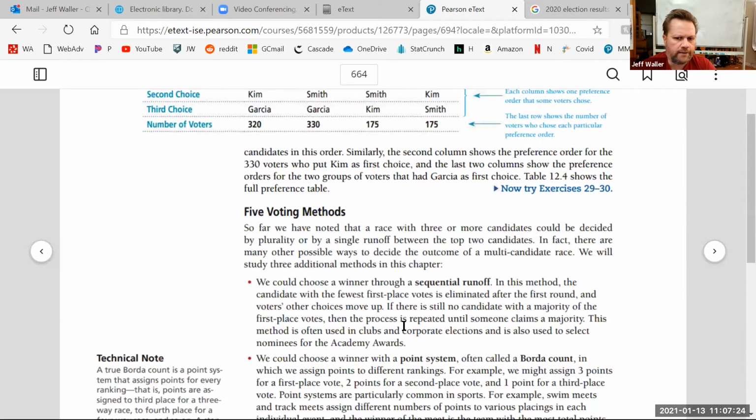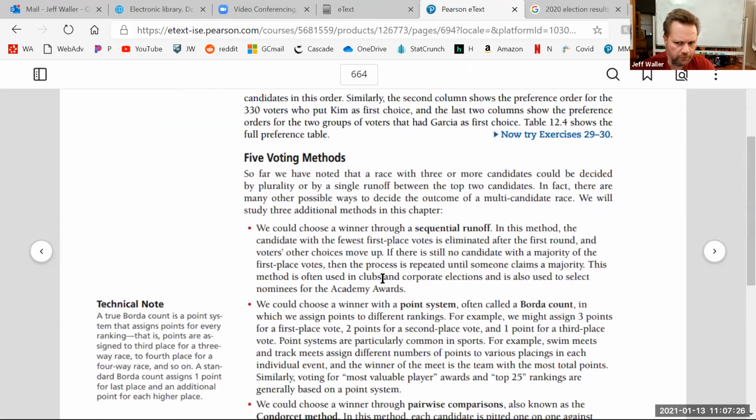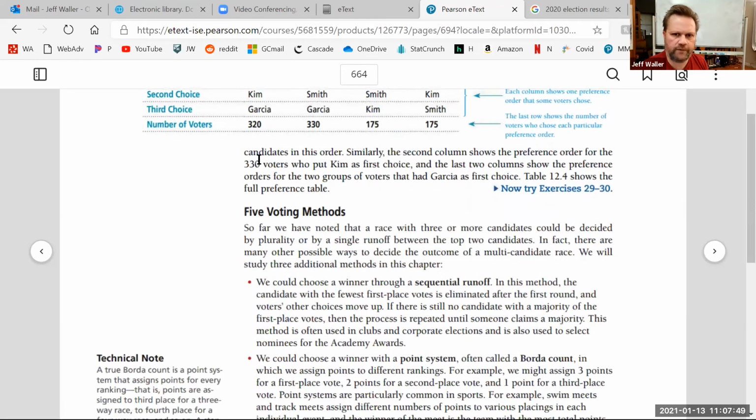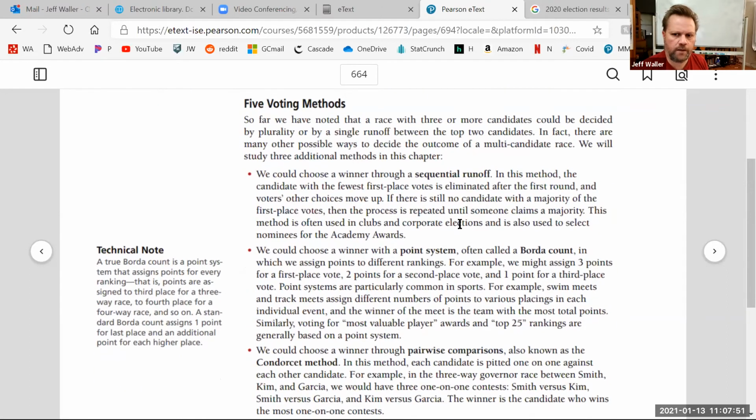So we've got sequential runoff, which is where the lowest person, you kick them out and then you reevaluate. Does that make sense? That's the shortcut way to define sequential runoff: the least votes gets eliminated and then you reevaluate who's left as if the other person never existed.